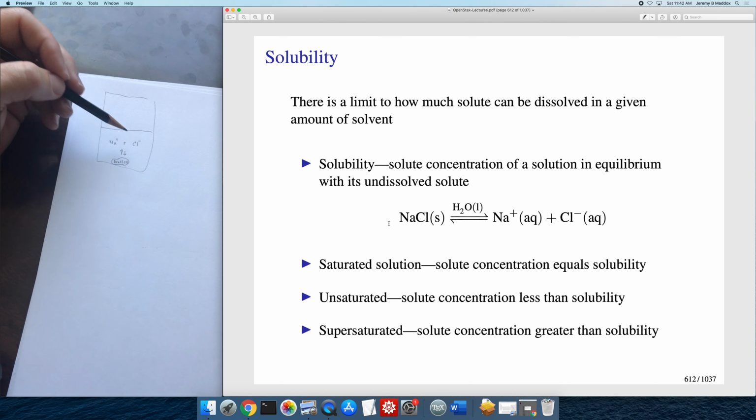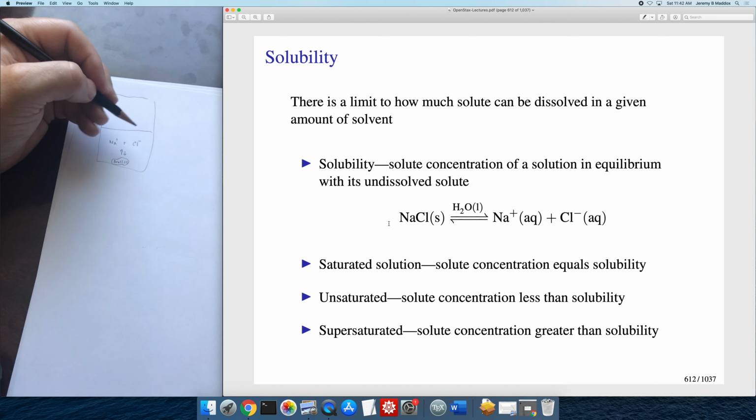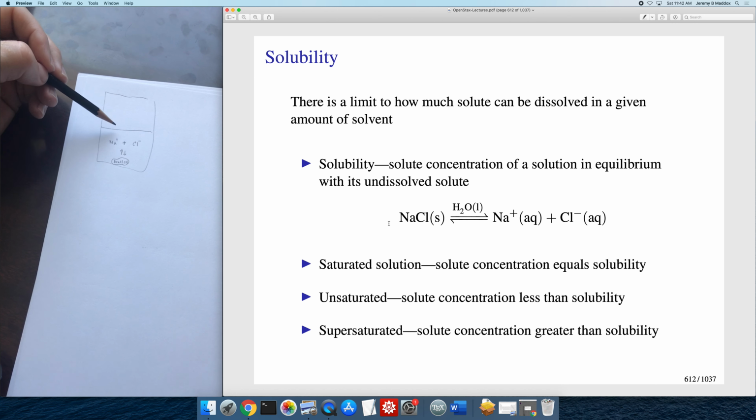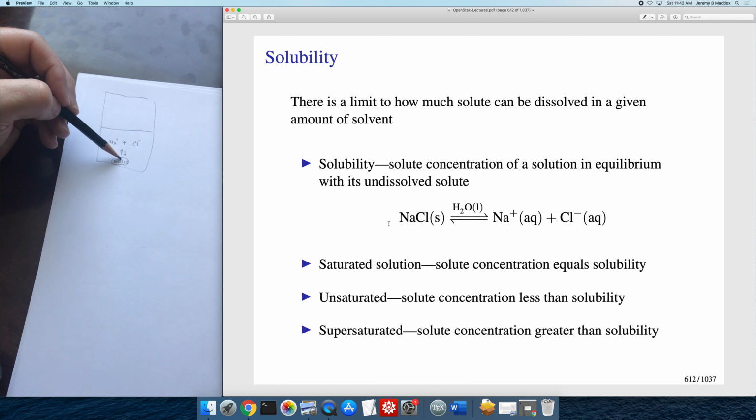And it's what we call a dynamic equilibrium in chemistry, meaning that while you're looking at the solution, you can't tell if anything's happening, but microscopically, sodium ions and chloride ions are constantly leaving the solid. Likewise, they're also coming back.